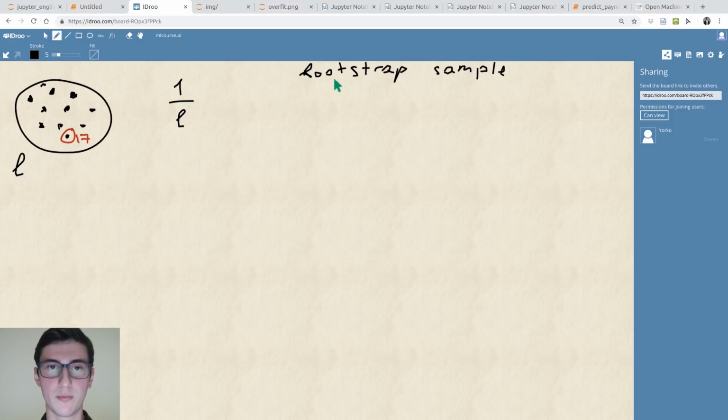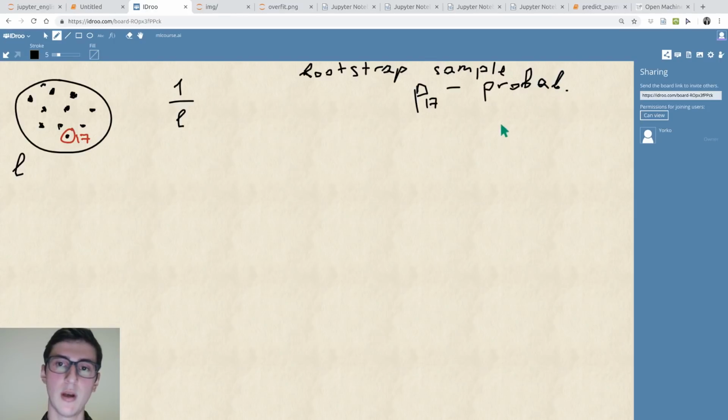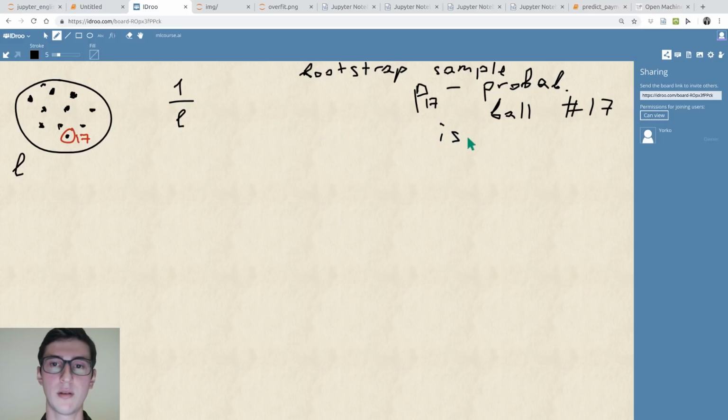So P17 will be the probability that ball number 17 is in this bootstrap sample.